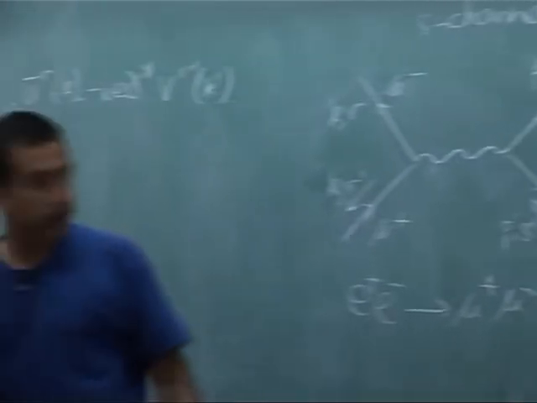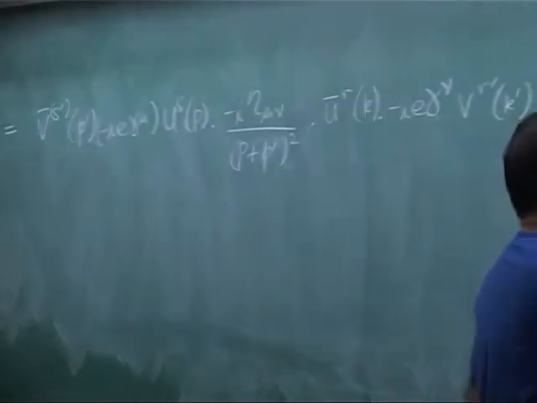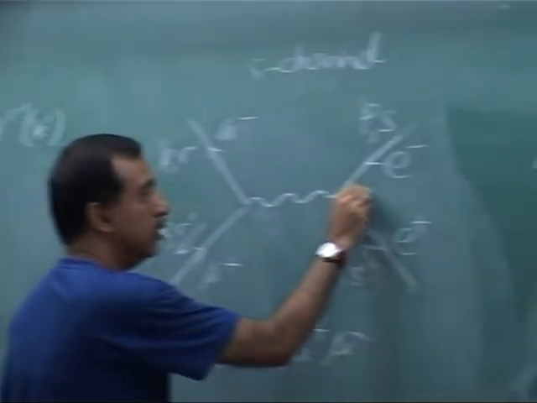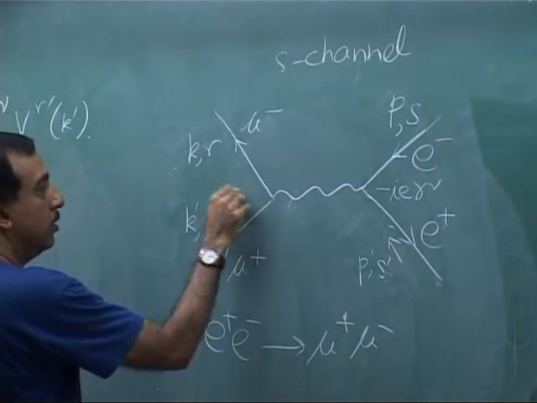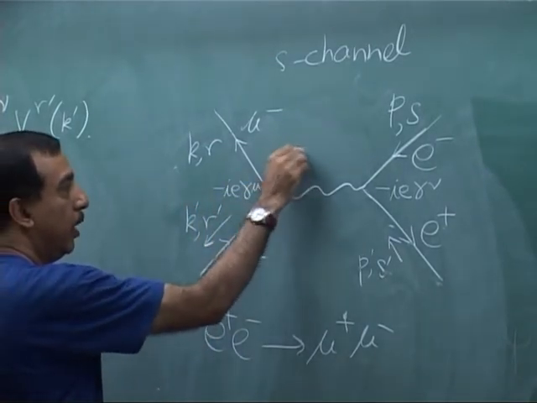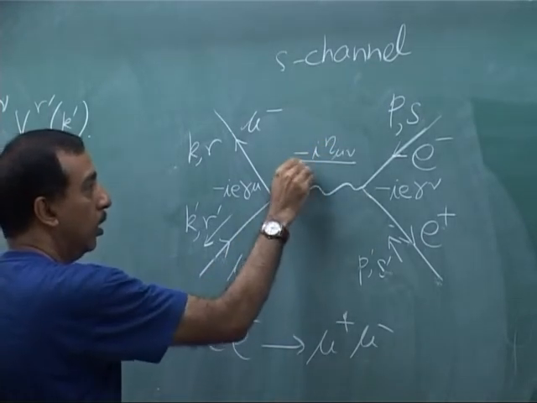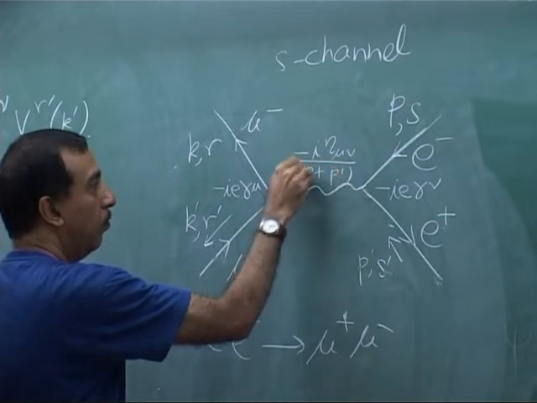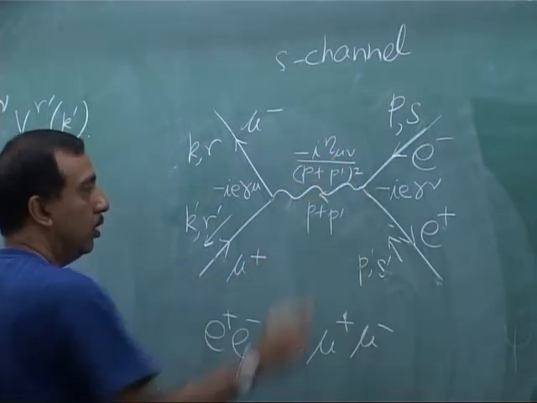This is what I have written. I follow it till I reach here. Here I am at the vertex, so this vertex I'll just put minus i e gamma nu. This vertex I put minus i e gamma mu. And this propagator is minus i eta mu nu upon (p plus p prime) squared, because this momentum is p plus p prime in this direction.